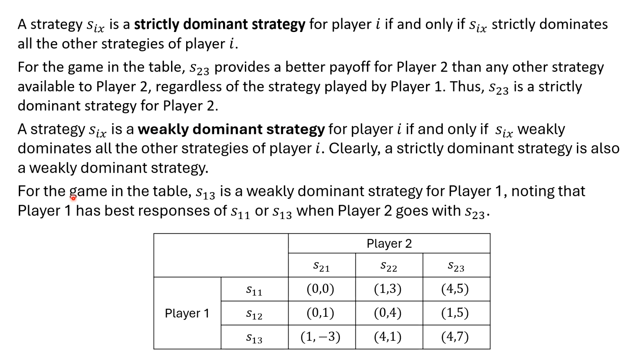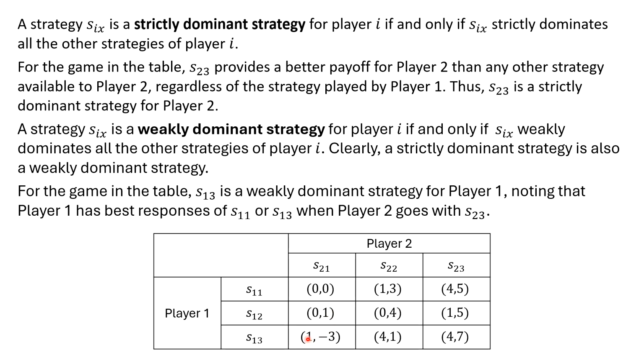So let's look at an example for the game in the table down here. 1 3 is a weakly dominant strategy for player 1. So what that means is the payoff for player 1 compared to the other two strategies is always greater than or equal to.